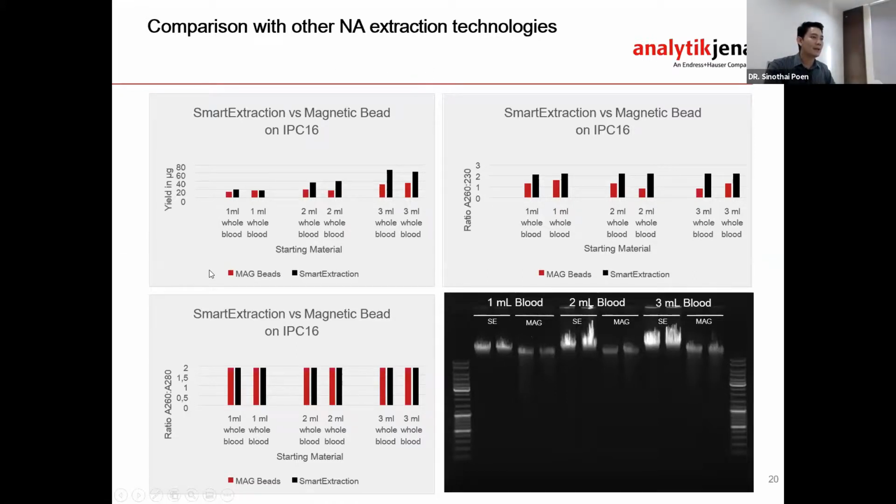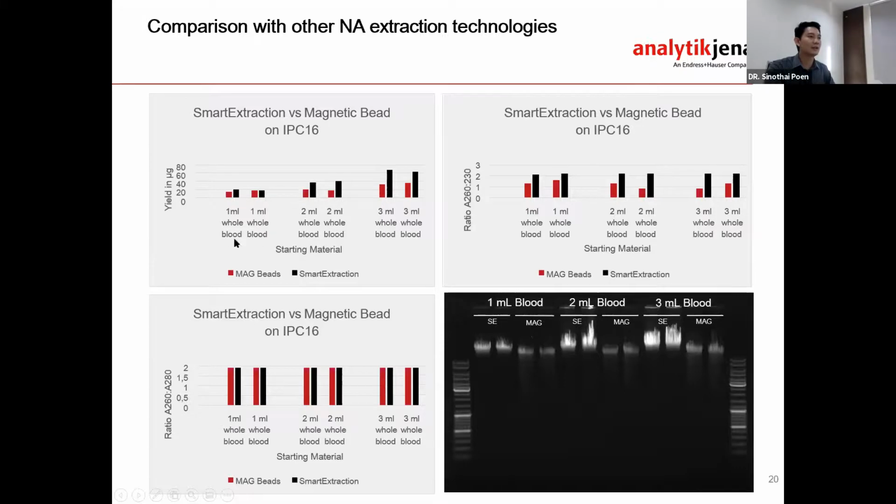The upper left graph compares the yield of the two technologies using different volumes of whole blood: 1, 2, and 3 mL in duplicates. The yield from mag beads is shown in red columns, and from smart extraction in black columns.